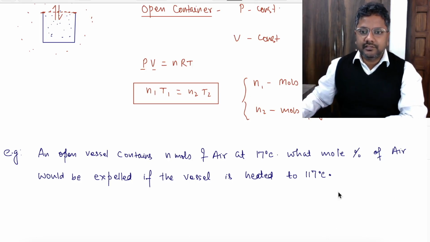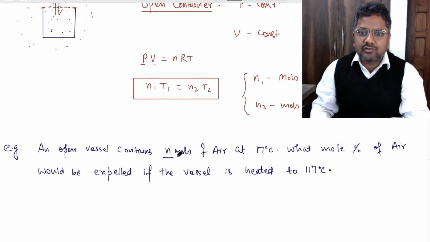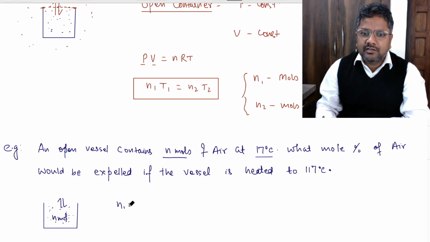Now see, there is one question. Example: an open vessel contains n moles of air at 17 degrees Celsius. So suppose that this is an open vessel. Obviously when n moles of gas are given, they are in equilibrium, n moles initially. So n1 is equal to n and T1 is equal to 273 plus 17, which is equal to 290 Kelvin.